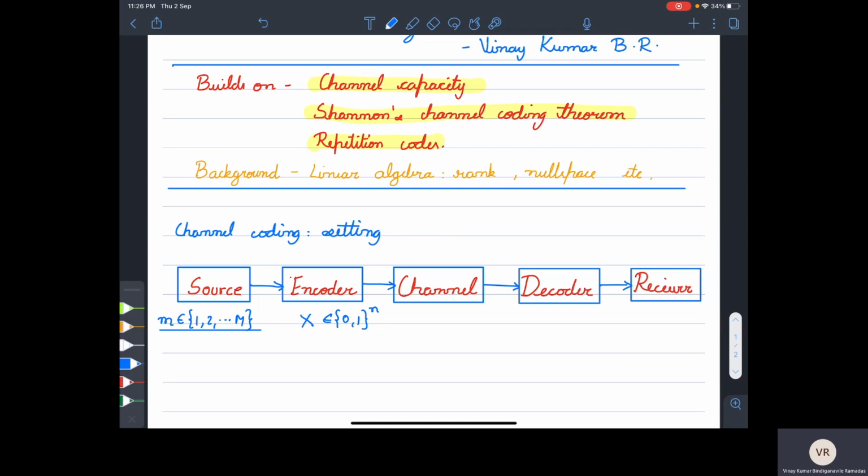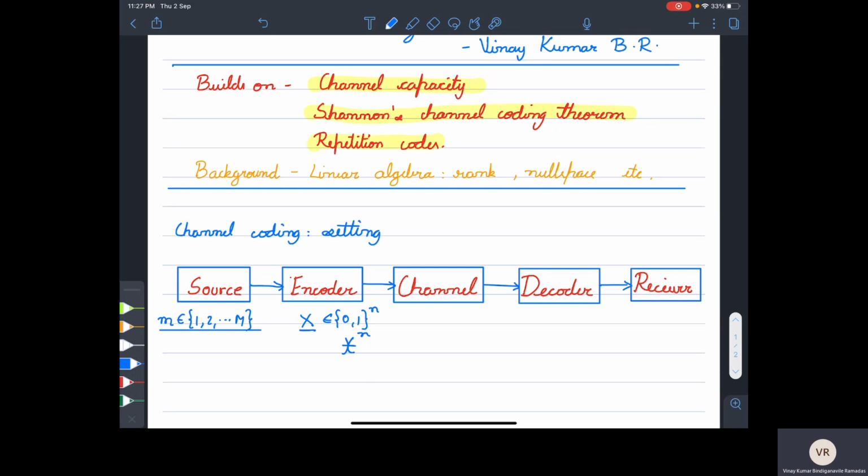The encoder encodes it to some vector x in {0,1}^n. This could be any space X^n. For simplicity in this lecture, I'll take this to be the binary space {0,1}.